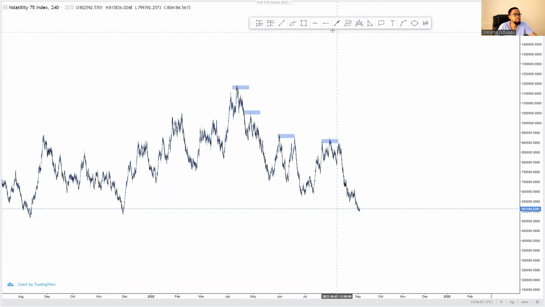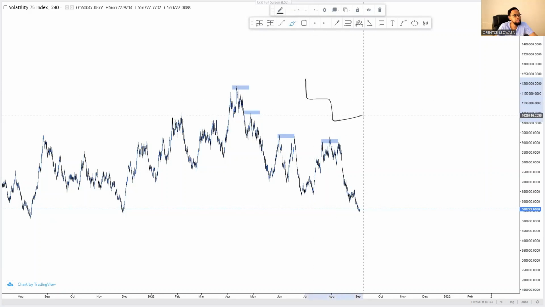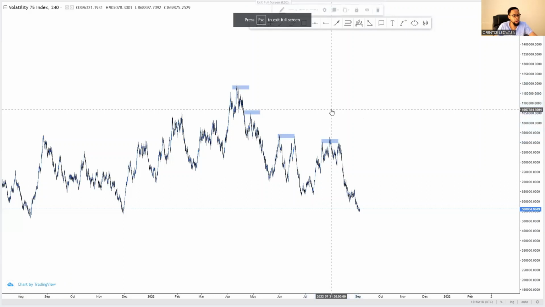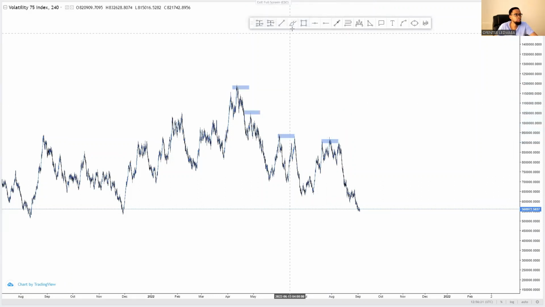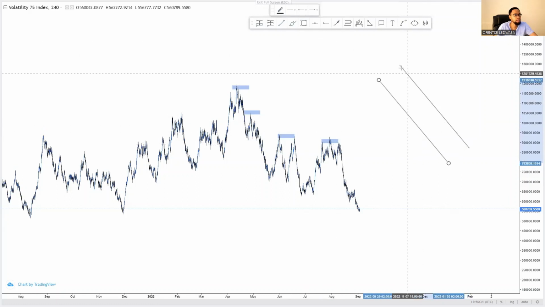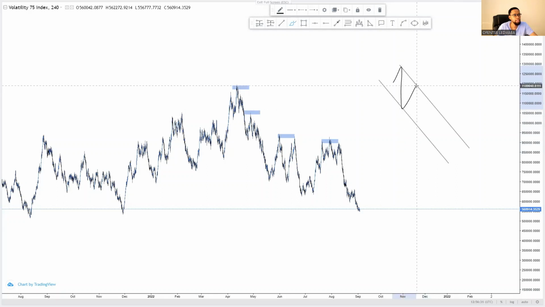It's like steps. Let me show you. It's like it's going like this, like steps going like this. Okay, so as you know, when you are trading, you will have a downtrend, which is something that will be like this, and then you will have your move there, and then something like this.